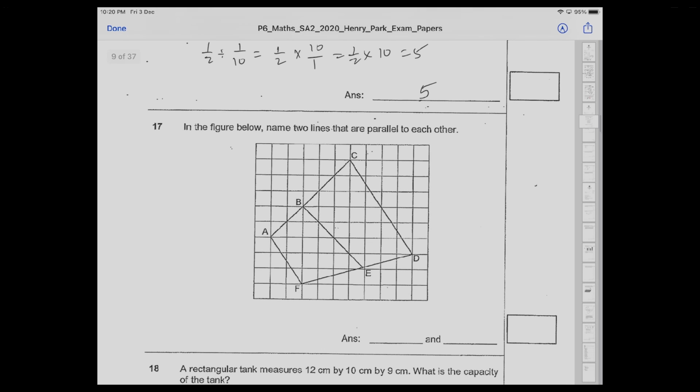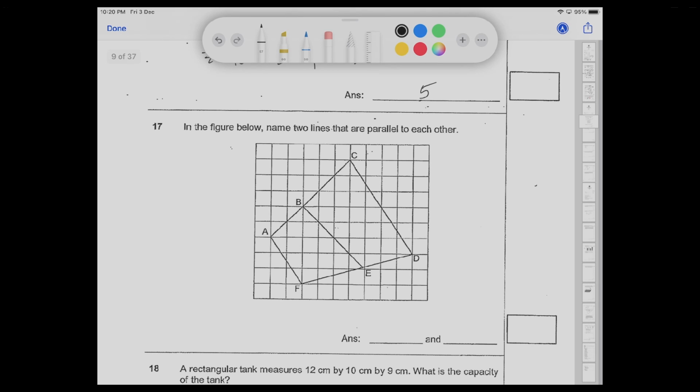In the figure below, name 2 lines that are parallel to each other. We can deduce this by inspection, but some of your teachers may not like that, so we'll do it the normal way then. By inspection, we already see that AF and CD look quite similar, but we don't know if they're parallel or not.